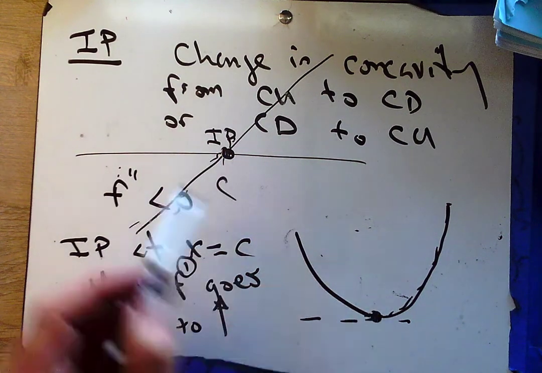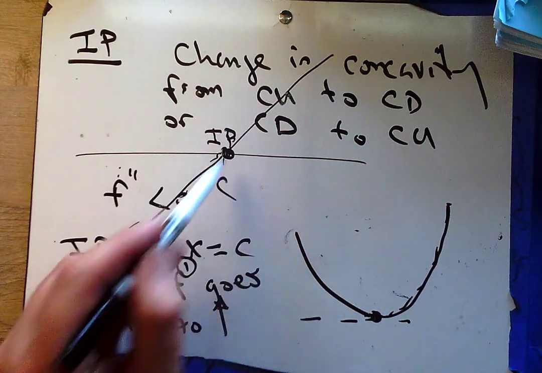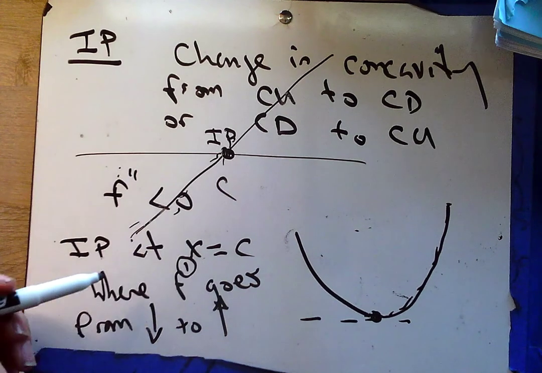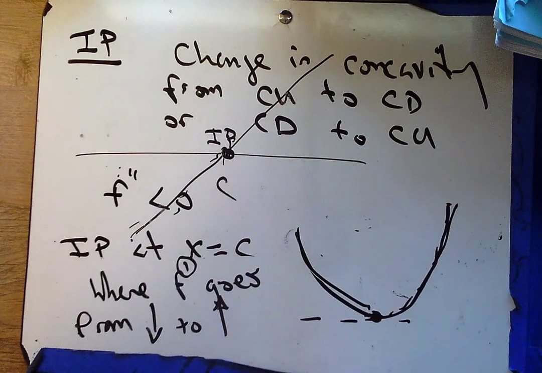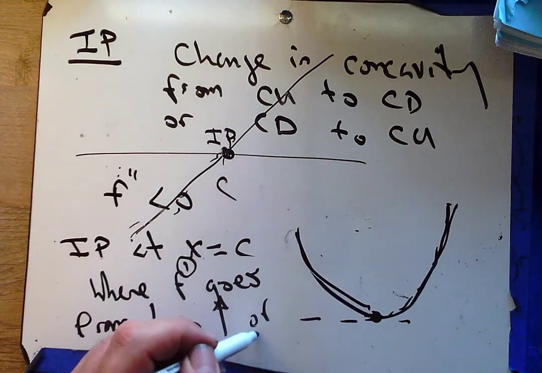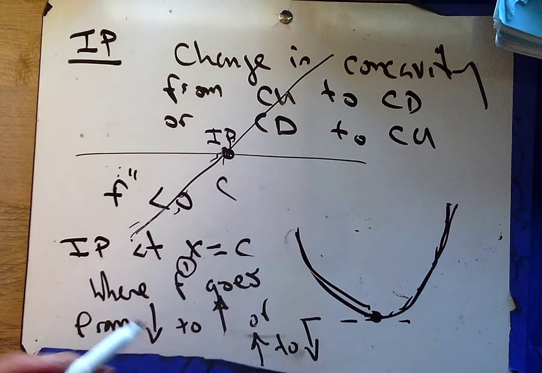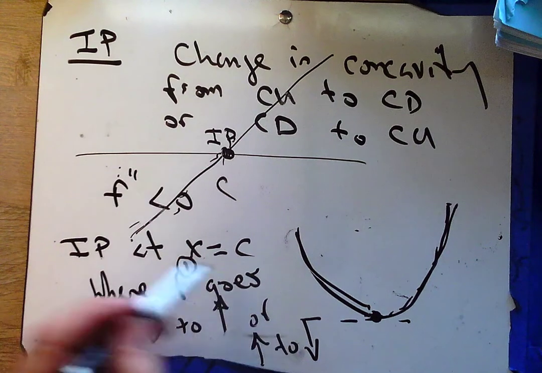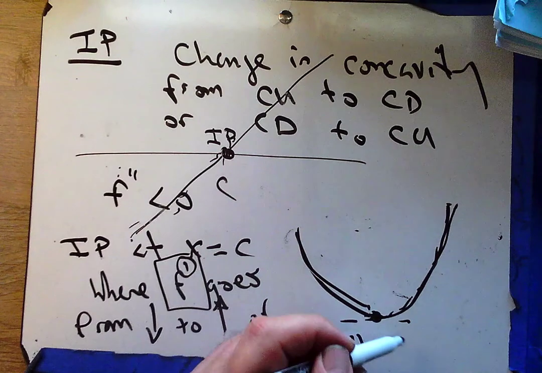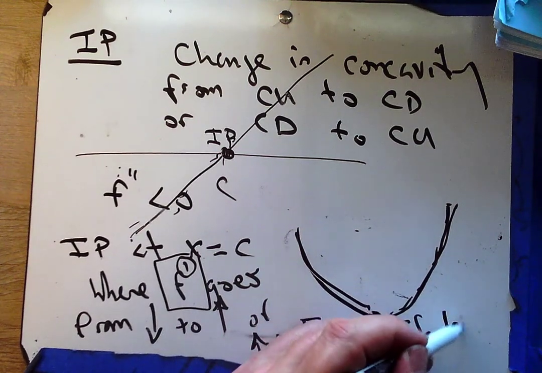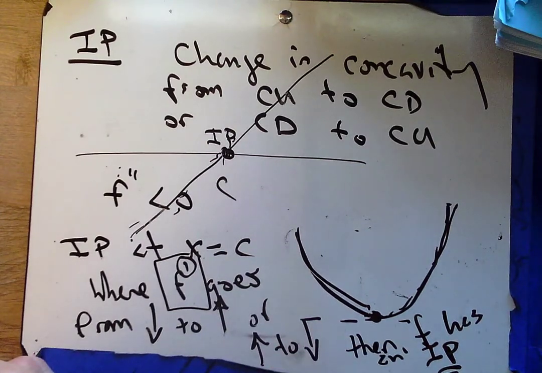I have negative slopes here, so I have negative y values here. I have positive slopes here, so I have positive y values here. What I'm seeing is that when f prime goes from decreasing to increasing, or it turns out increasing to decreasing, if f prime is doing this, then f has an inflection point.